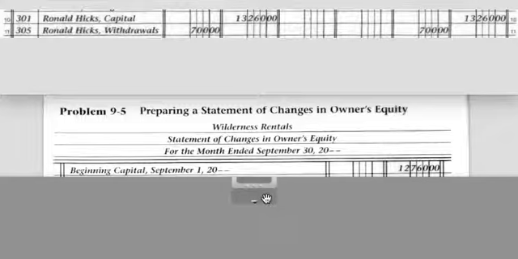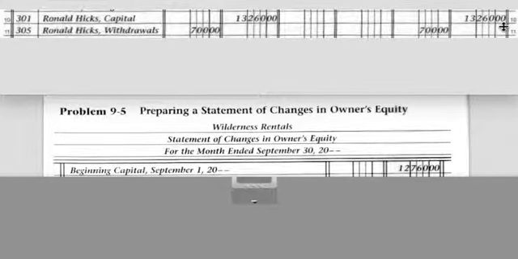The first thing that we're going to list is called beginning capital, comma, September 1st, and then the year. And that's the first date of the month. To get that figure, we're going to look up at Ronald Hicks Capital, the balance listed in the worksheet, and that's $13,260.